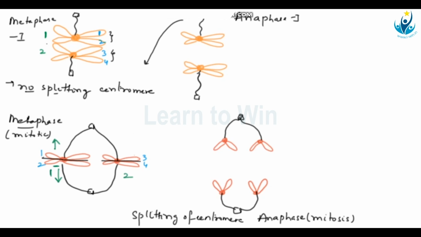Now after the splitting, what is the chromosome number here? In this, the sister chromatids got separated. So when this undergoes anaphase, there is the separation of sister chromatids. And here, there is separation of homologous chromosomes.